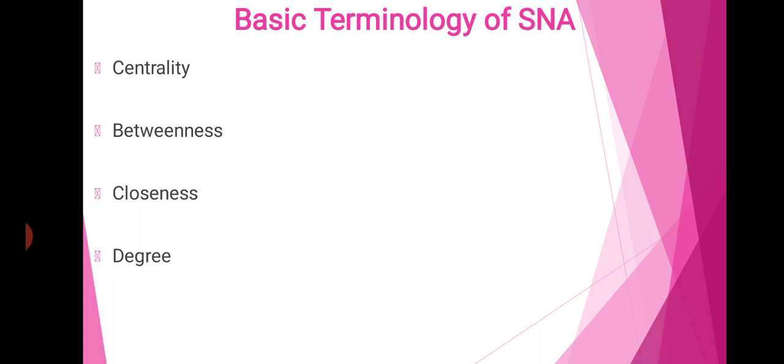The next one, betweenness. Betweenness of a node measures the number of paths that pass through each individual. Take five students: 1 to 2, 1 to 3, 1 to 4, 1 to 5, 2 to 1, 2 to 3, 2 to 4, like that.